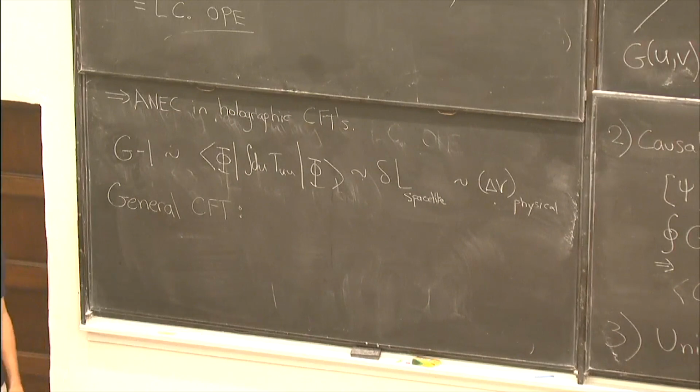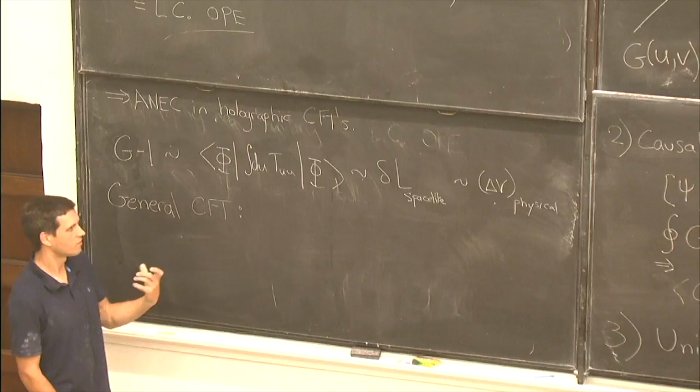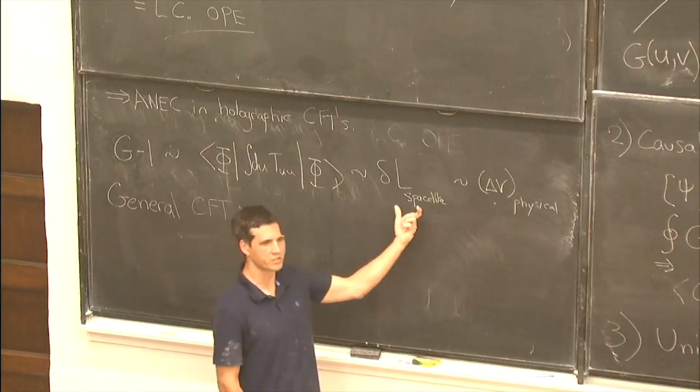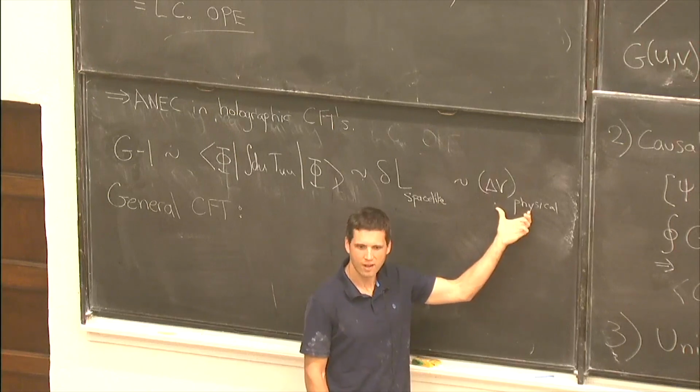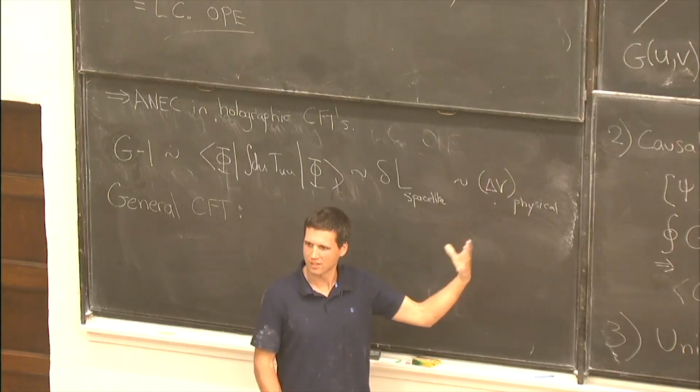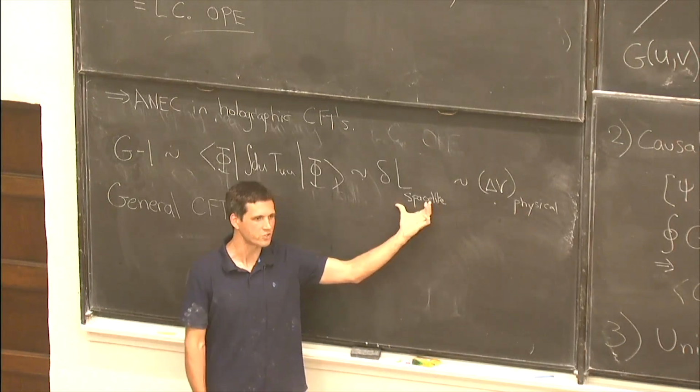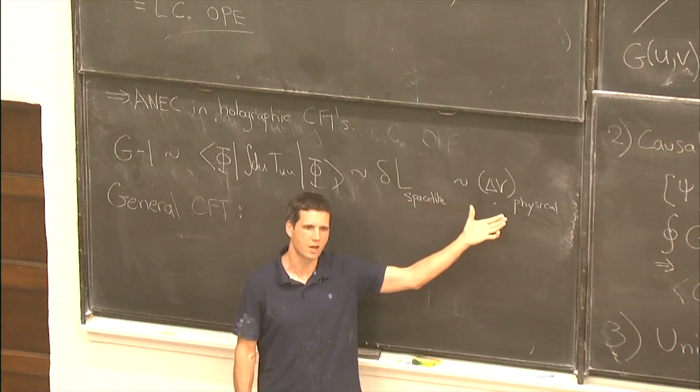Okay, so in the holographic case, we have these physical signals, sort of pictures that we can draw, so we can understand why these corrections to space-like geodesics are related to physical signal propagation. And then you can immediately see that these corrections to space-like geodesics have to have a certain sign.